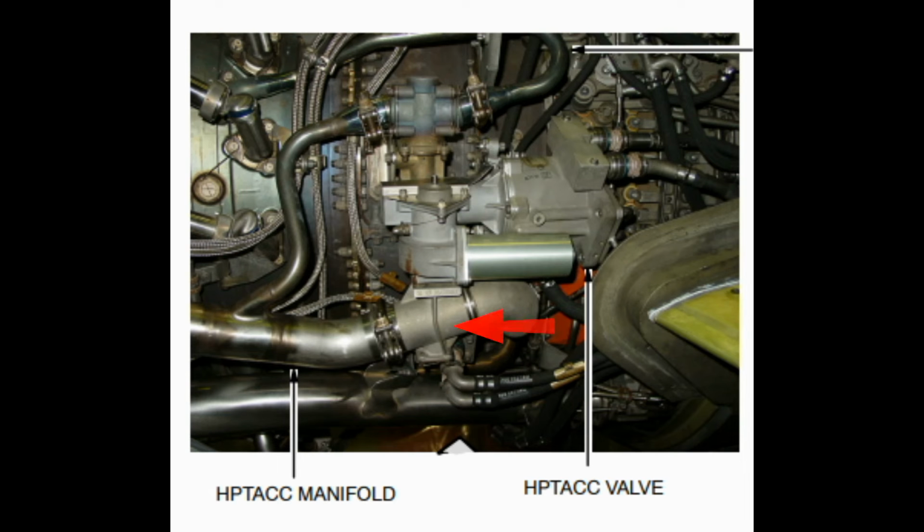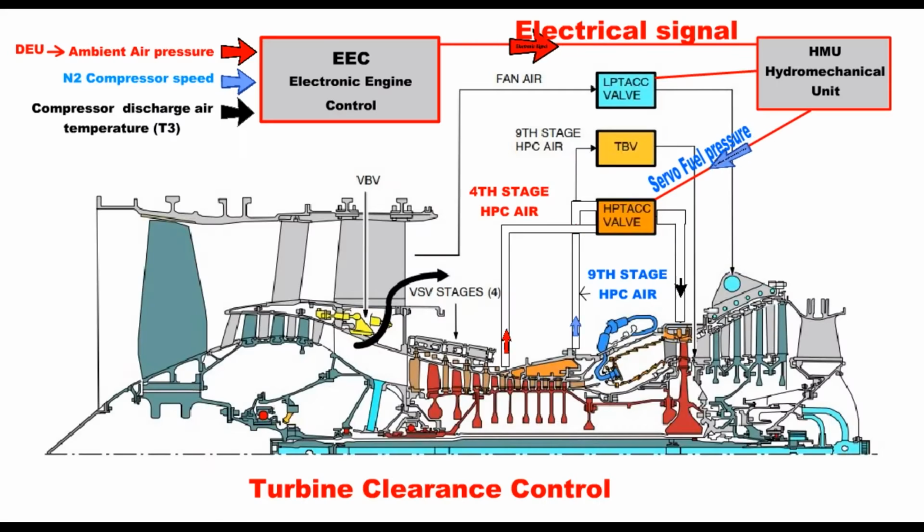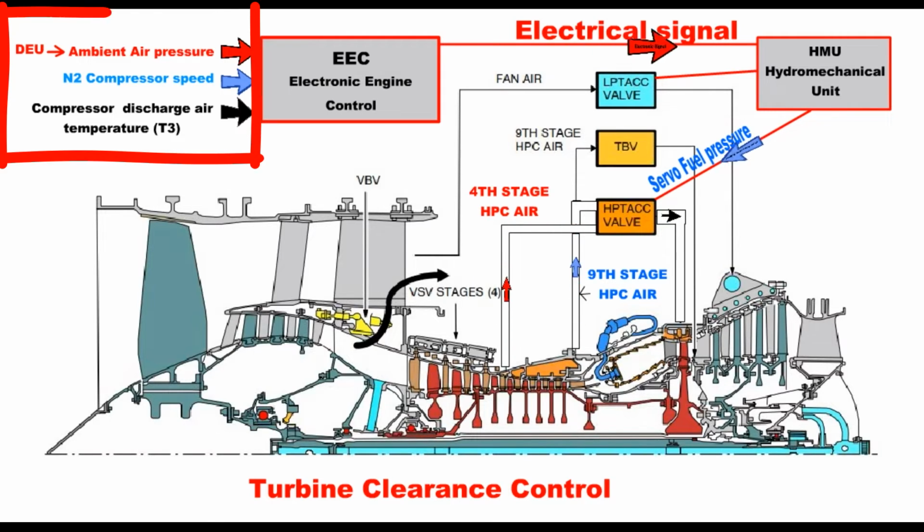The function of the high-pressure turbine active clearance control manifolds is to ensure that the hot air taken from the compressor is carried to the turbine. In order for the high-pressure turbine active clearance control system to operate, the electronic engine control needs the following data: ambient pressure, N2 compressor speed, compressor discharge air temperature.